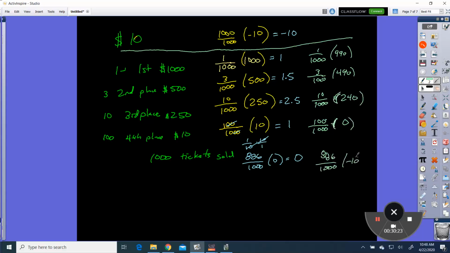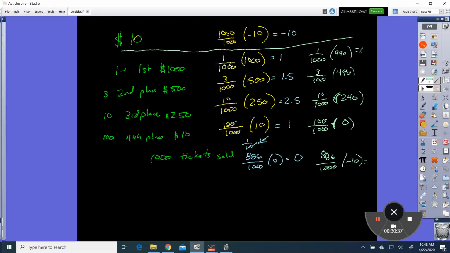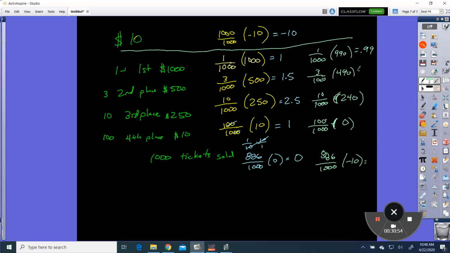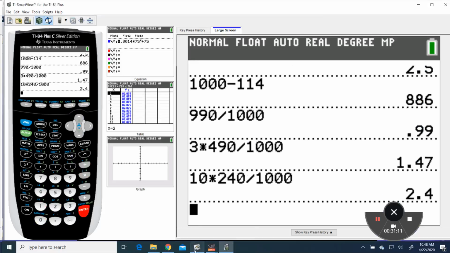who lose $10. So now if I go to my calculator and do those, 990 divided by 1,000 is going to be 0.99. 3 times 490 divided by 1,000 is 1.47. 10 times 240 divided by 1,000 is 2.4.